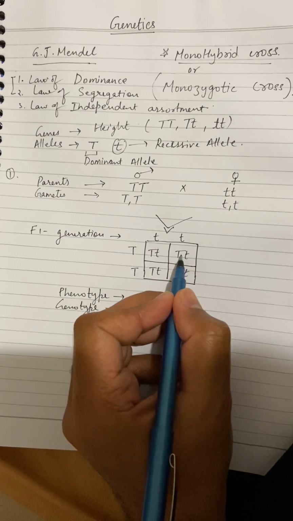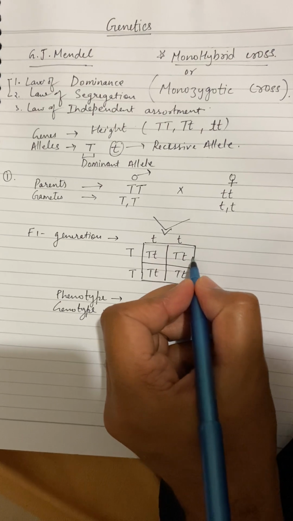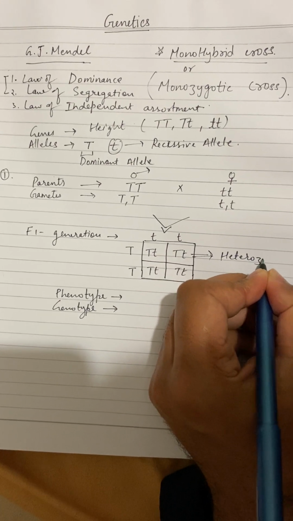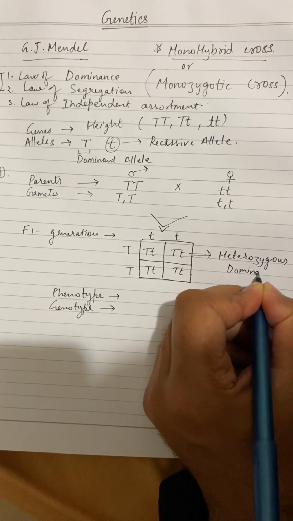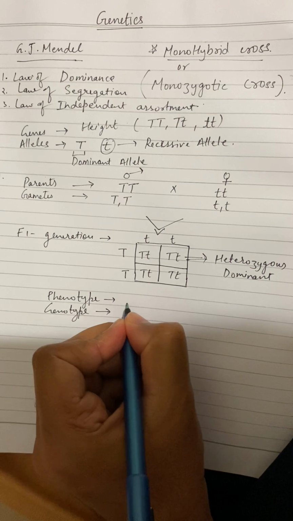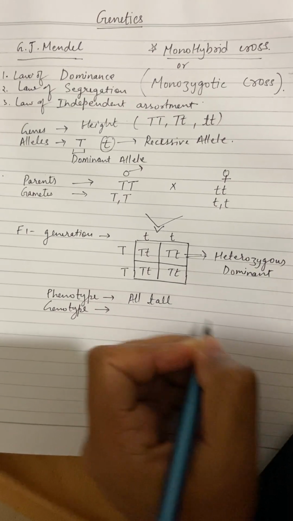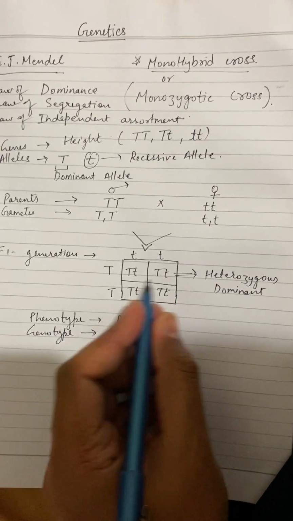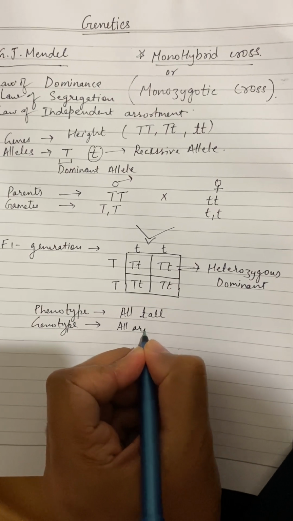These four progenies will all look the same because they are all heterozygous dominant. All tall, we can write this. And for the genotype, also all will be the same.